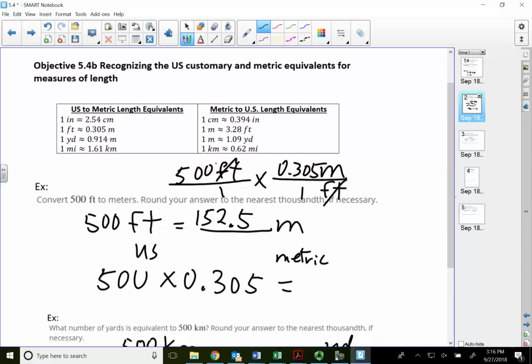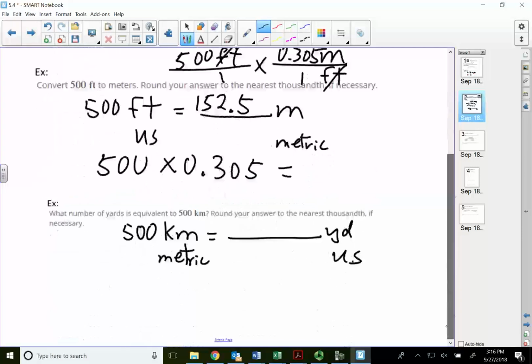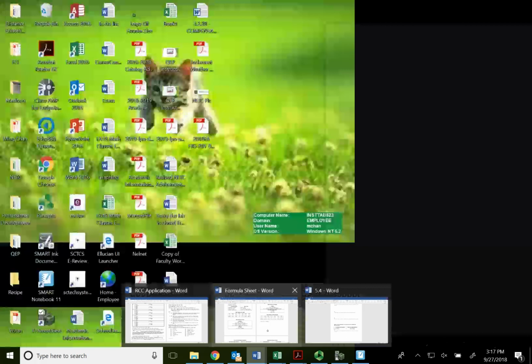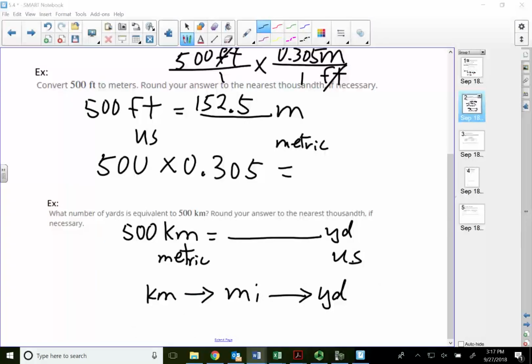Kilometer can only take me to miles, but I know I need to end up in yards. Kilometer takes me to mile, and I can still take mile and convert to yard as well, because on the formula sheet, and let me drag my formula sheet over real quick.